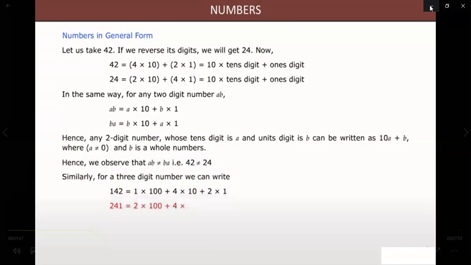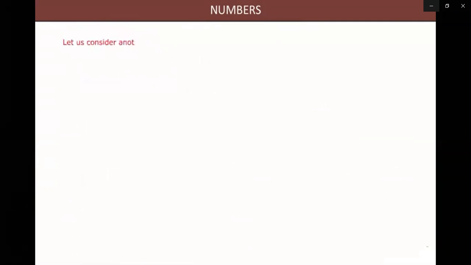So 241 you can write 2 into 100 plus 4 into 10 plus 1 into 1. Similarly, let us take any number ABC, for example 142, and CBA. After reversing the digits, you will get CBA, that is 241. So ABC is not equal to CBA, right?